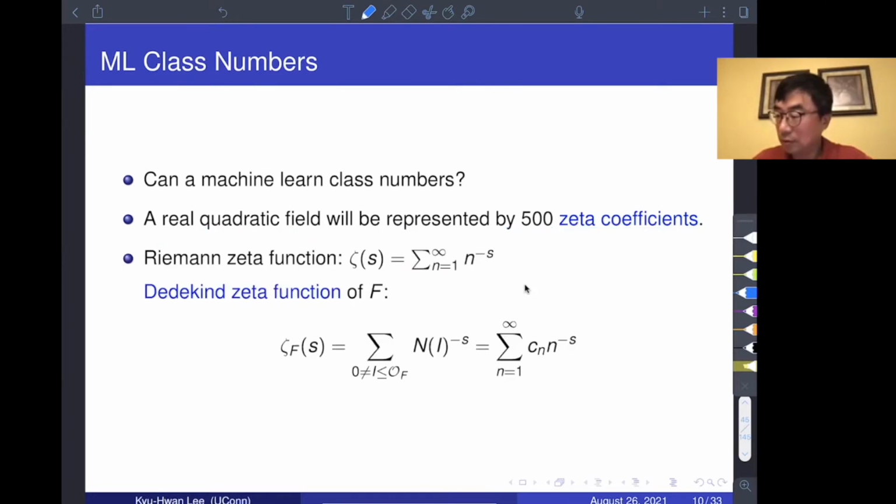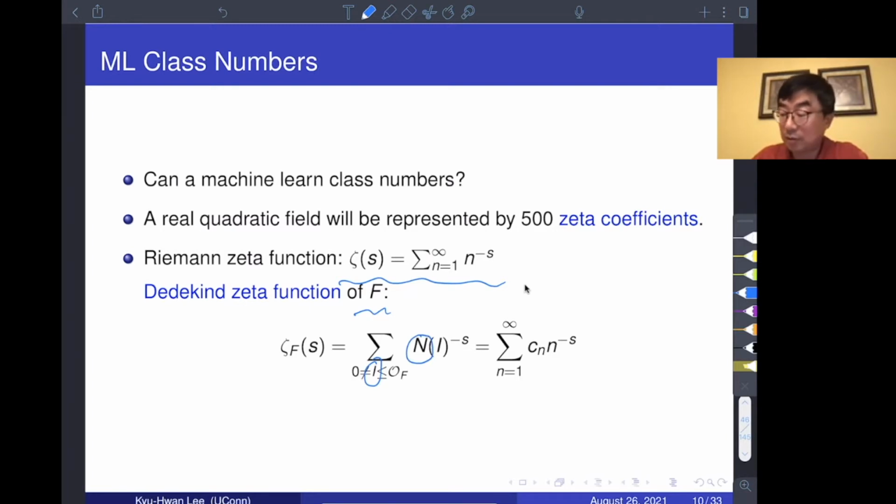So what are these zeta coefficients? If you remember the Riemann zeta function, it looks like this. For an arbitrary quadratic field, we define the Dedekind zeta function in this way. Here I is a non-zero ideal. And then we take the norm of the ideal.